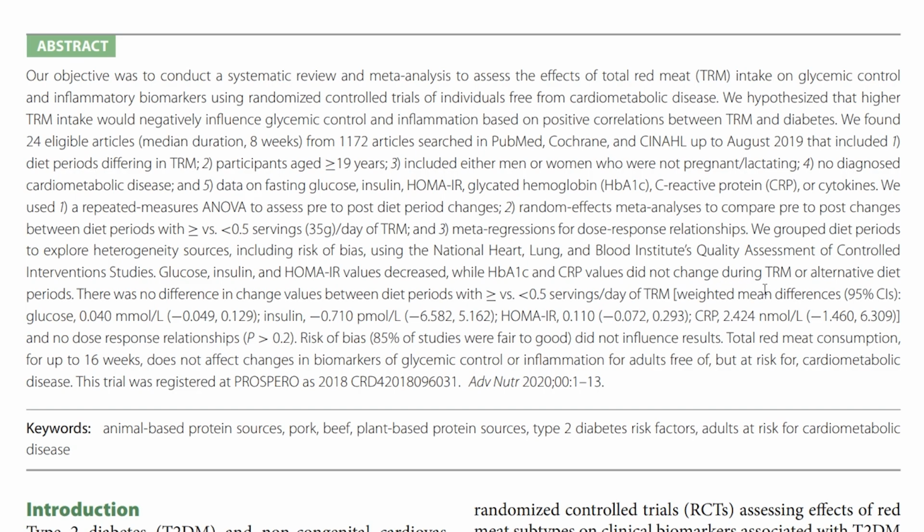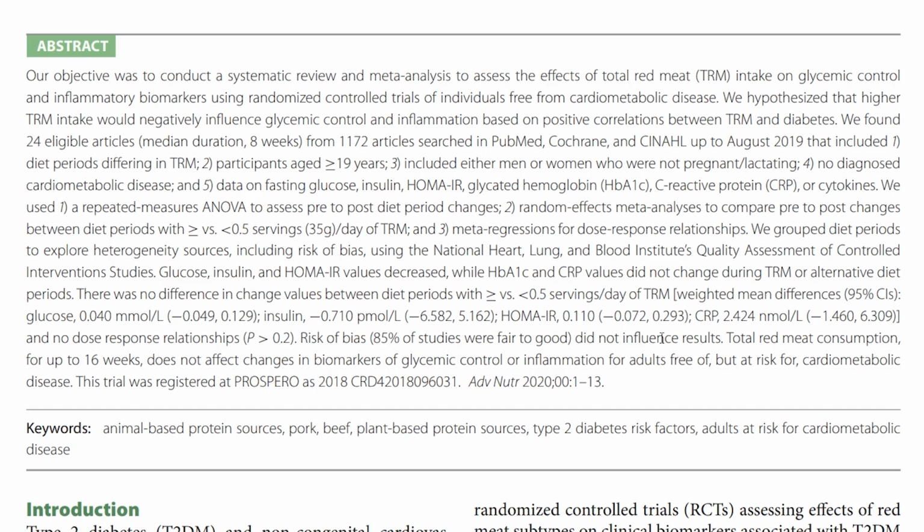Weighted mean differences, 95% confidence intervals, were glucose 0.04 millimoles per litre with a 95% confidence interval of negative 0.049 to 0.129, insulin negative 0.710 picomoles per litre with a range of minus 6.582 to 5.162. The HOMA-IR scores were average 0.110, 95% range negative 0.072 up to 0.293.